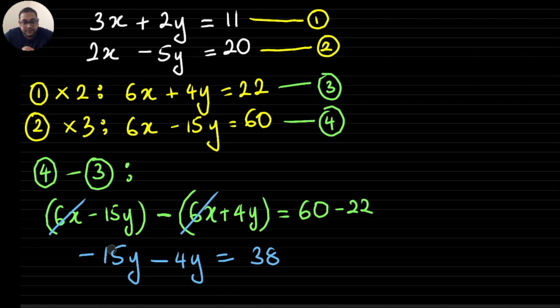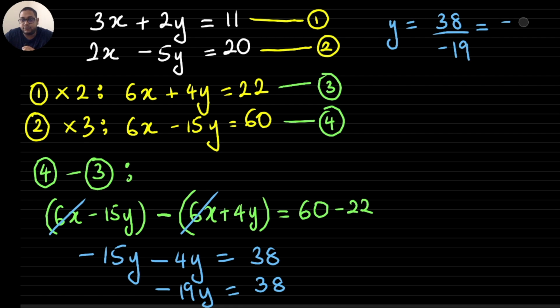Then minus 15y minus 4y would give you minus 19y equals 38. We can now make y the subject. Therefore, y is equal to 38 divided by negative 19, and your answer would be negative 2.